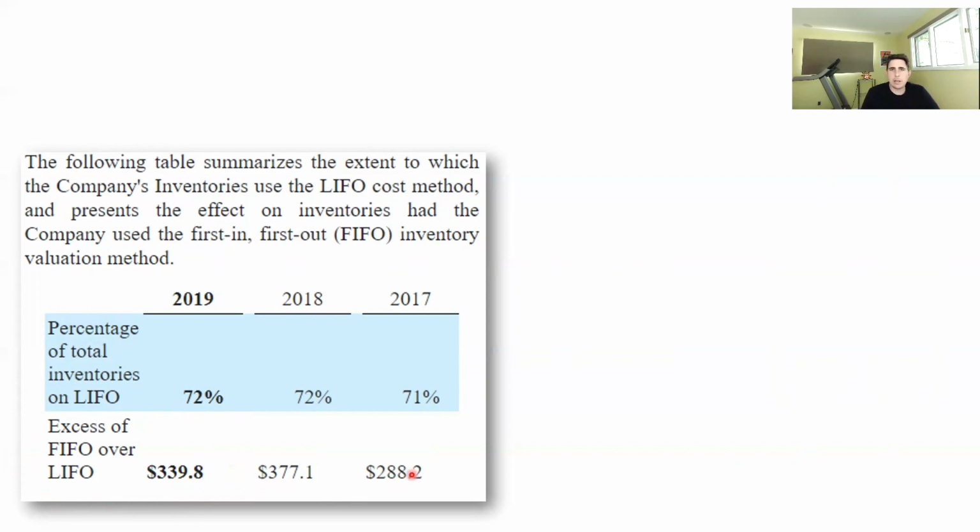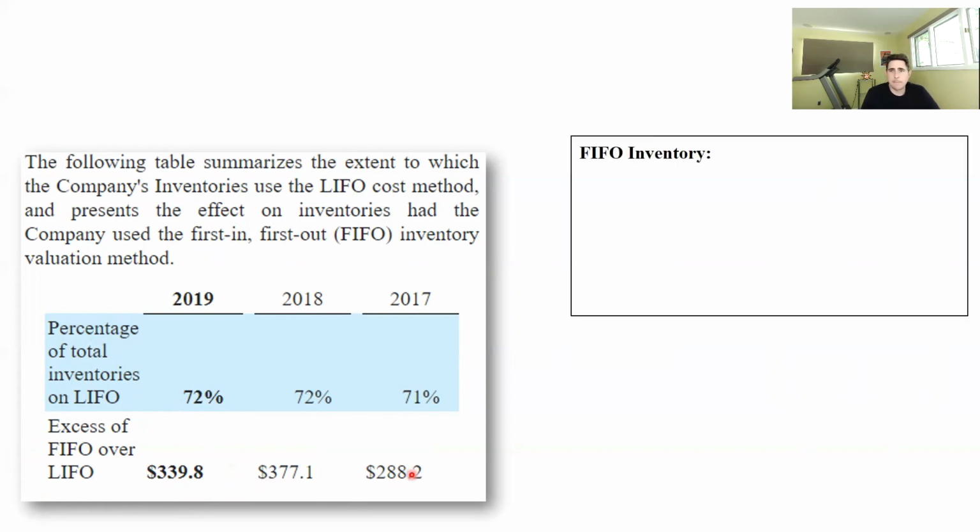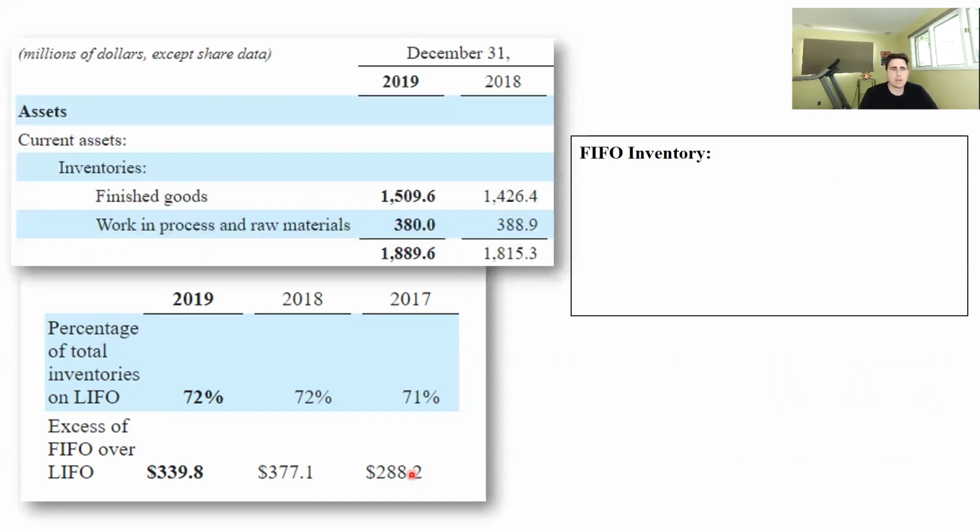So now let's do some exercises. The first thing we're going to do is convert Sherwin-Williams' inventory balance from what is a mixed inventory balance, with some LIFO and some FIFO presumably, to all FIFO. So let's take a look at their balance sheet. In the asset section of their balance sheet, one of the current assets they report is inventories. They've got finished goods, work in process, and raw materials.